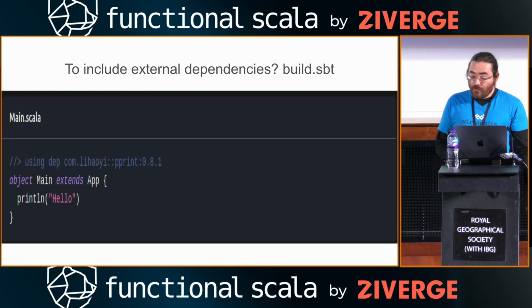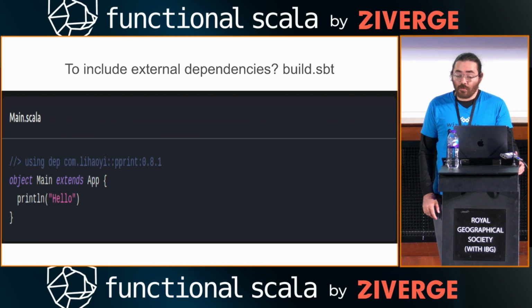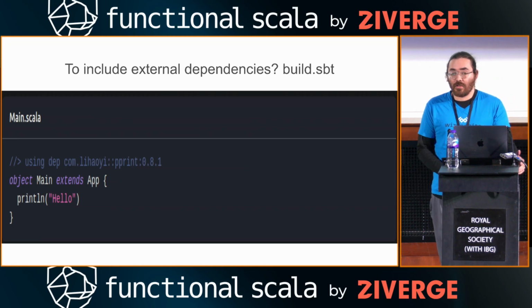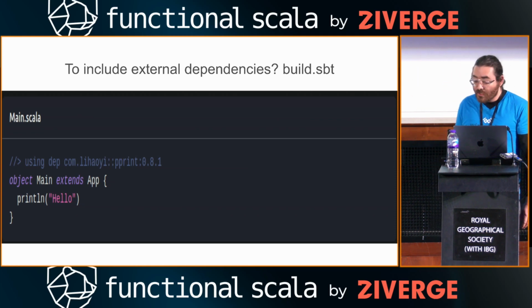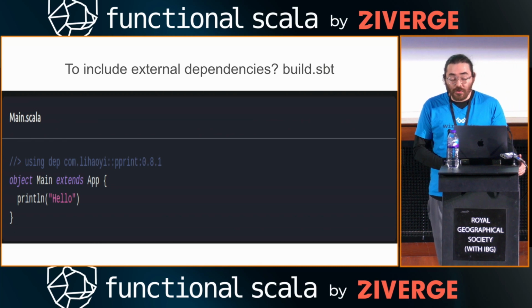You know that in sbt, we commonly define the build.sbt file definition, and we put the dependencies right here. But what you can see on the screen is how you can define dependencies with Scala-CLI, for the people that are not familiar with Scala-CLI. It's just a directive.